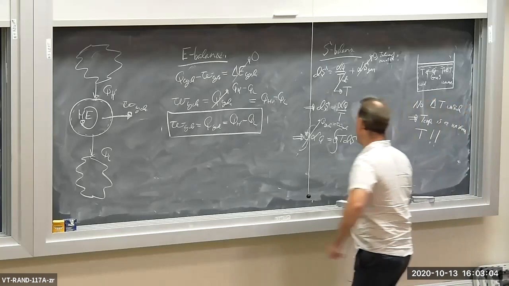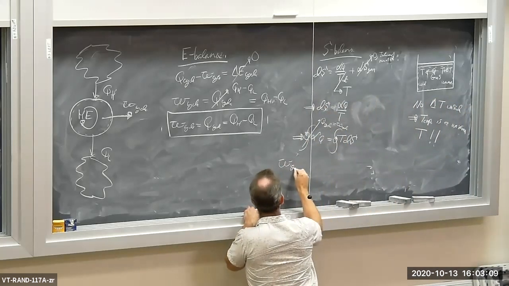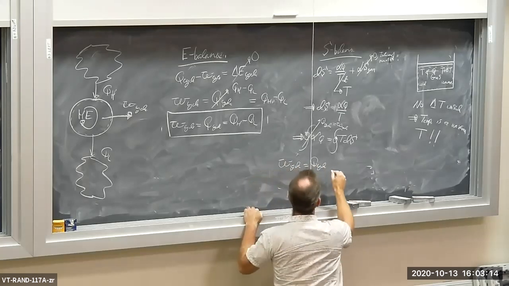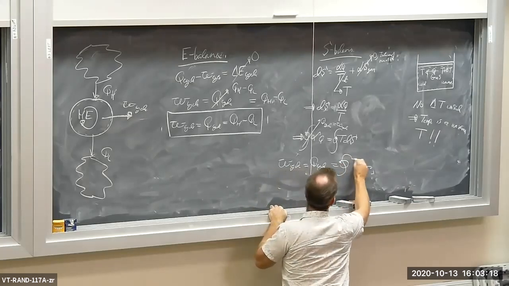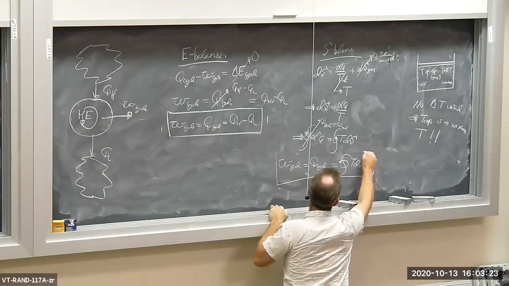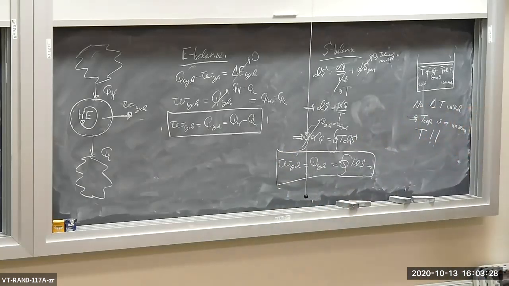So what this means is work of the cycle is equal to Q of the cycle, which is equal to the integral over the cycle of temperature dS. Put a box around that. The cycle work for our internally reversible piston cylinder device closed system is equal to the integral of T dS.